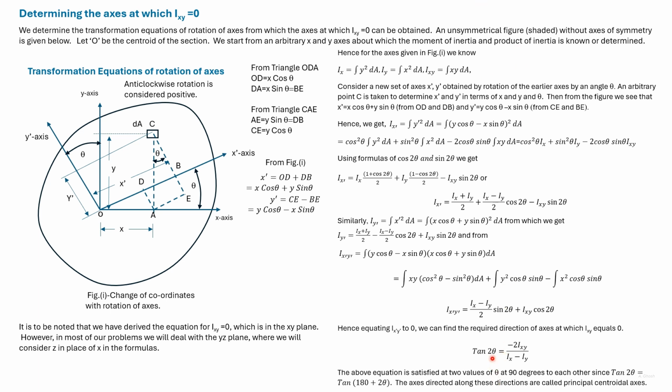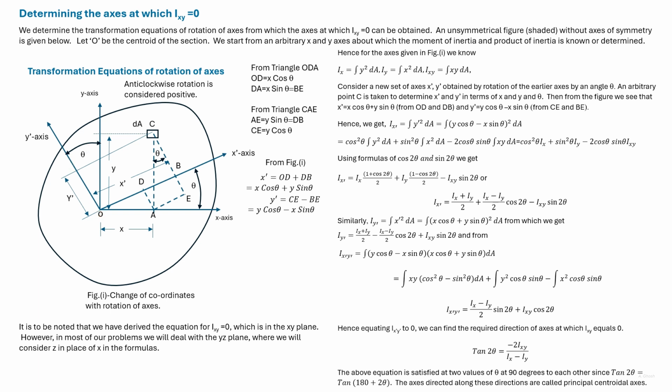The theta obtained by this expression is the angle at which the product of inertia will be 0. Since tan 2 theta is equal to tan of 180 plus 2 theta, we get two values of theta. These two values give the direction of two principal centroidal axes.